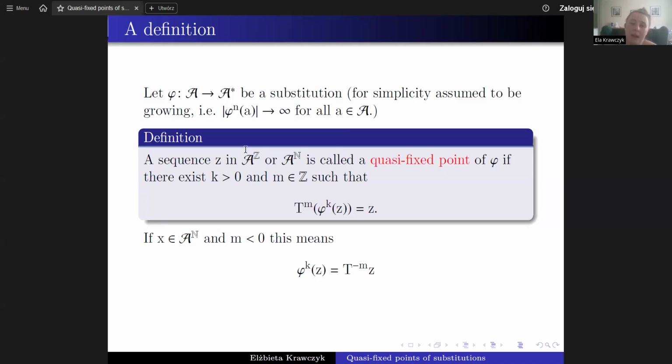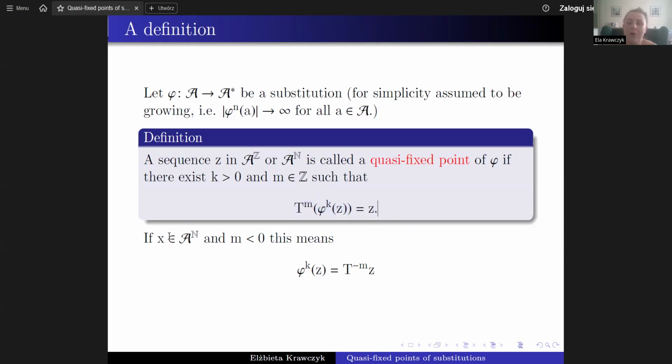And I'm going to say that a one-sided or two-sided point is called a quasi-fixed point of a substitution if there exists some k and some integer m such that my point z is the solution of this equation that we see here.